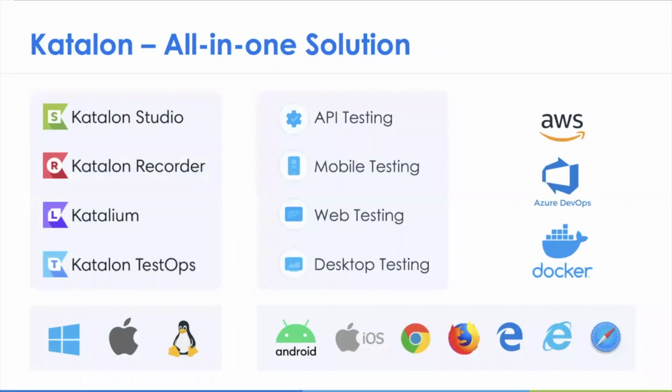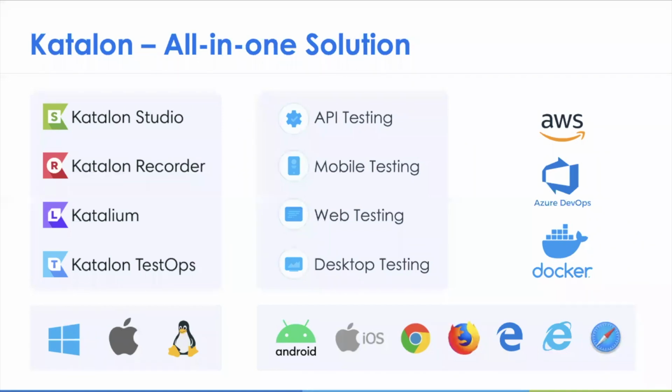So real quick about Katalon. For Katalon and Katalon Studio specifically, we aim to deliver an all-in-one solution for our users and customers to cover the problems that they have with automated testing.